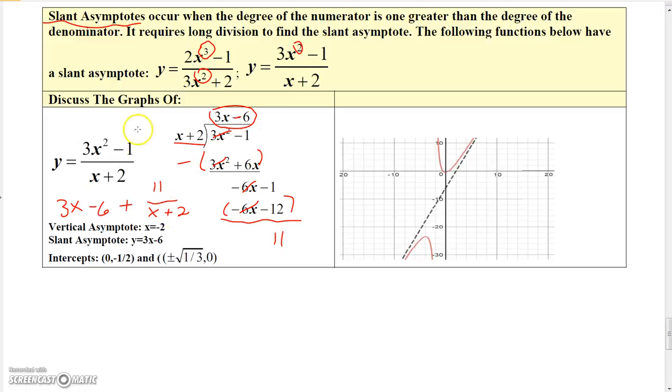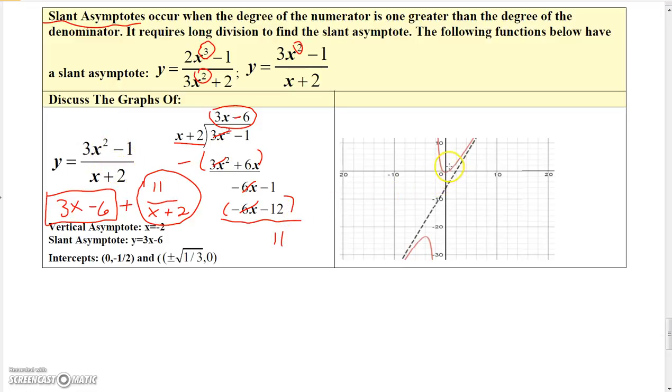As x goes to infinity, this term disappears because that term goes to 0. So all you get is 3x minus 6. And since 3x minus 6 is a line, you can graph that line, 3x minus 6, as what we call a slant asymptote.